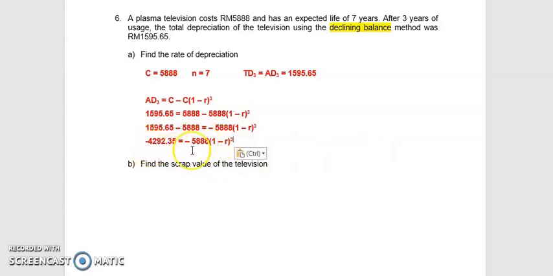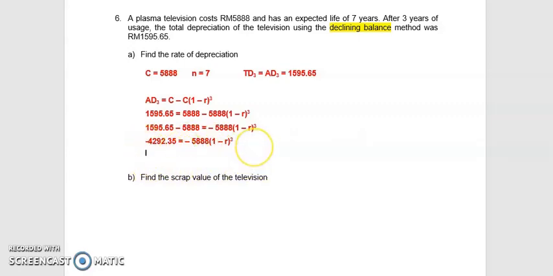Now bring this one to left hand side as well. This one is multiplied, so bring to left hand side becomes divide. So negative 4292.35 divide by negative 5888.